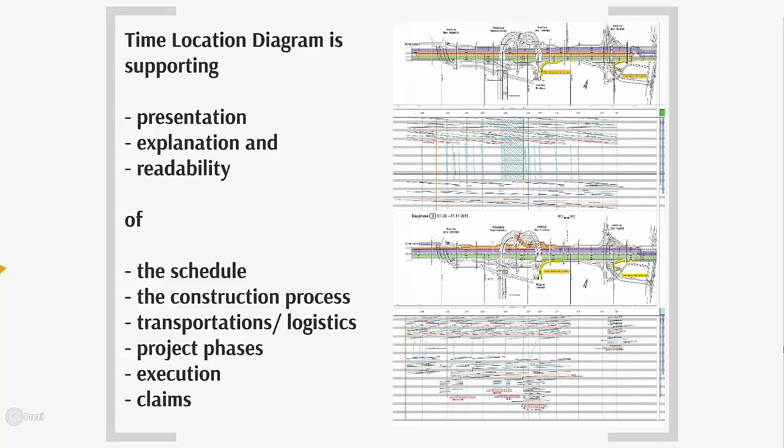Not only can you use time-location diagrams for planning and scheduling, but also for explaining the construction process, or considering all transportations and logistics. You may present the work split in different project phases, or monitor and control the execution. Even use it for discussing about claims.